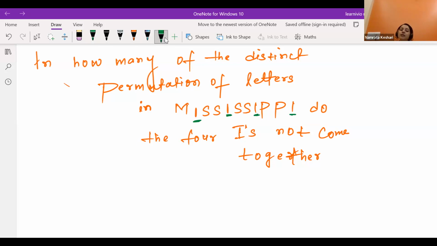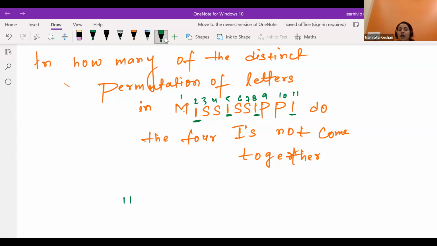So here we can think like this, that what will be the total number of permutation? Can you tell me, Alina, what will be total number of permutation if 1, 2, 3, 4, 5, 6, 7, 8, 9, 10, 11. Total 11 we are having.